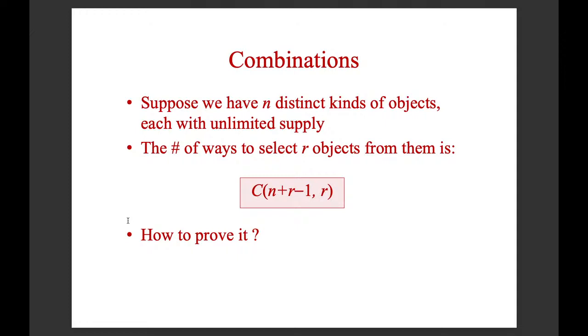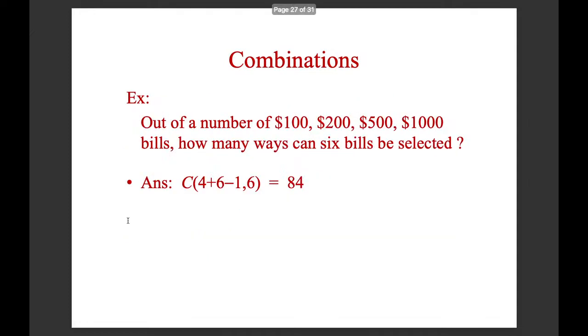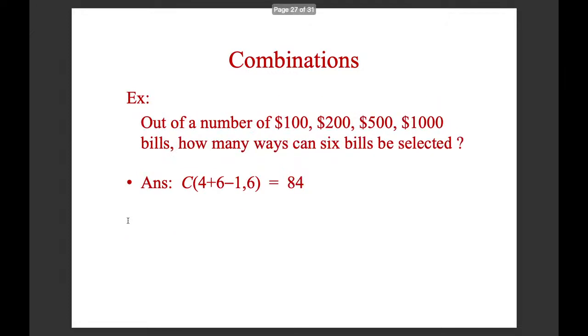This is the same as how many ways there are to distribute our balls into n different colors. We can easily show this by using a ball and stick model, which we will also talk about later. You can check the slides for details. We have these two examples, and you can just go through them easily at home.